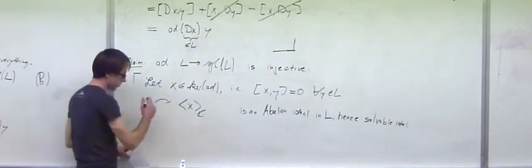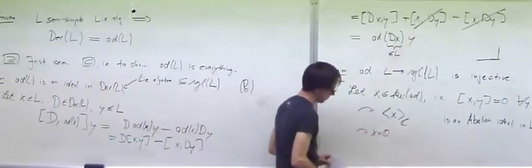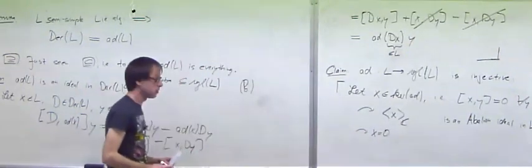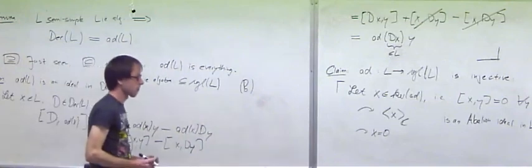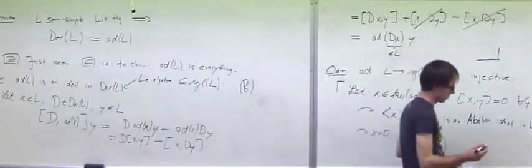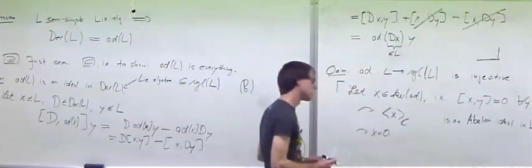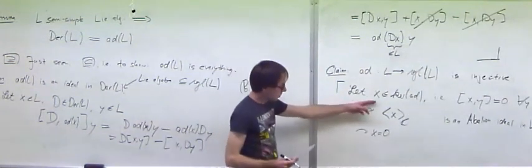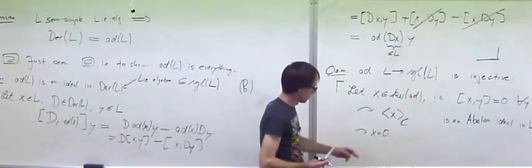But now the important thing is that L was semisimple. So this must be the trivial vector space. So the generator must be 0. So we took an arbitrary element of the kernel of this map and showed that it's 0.